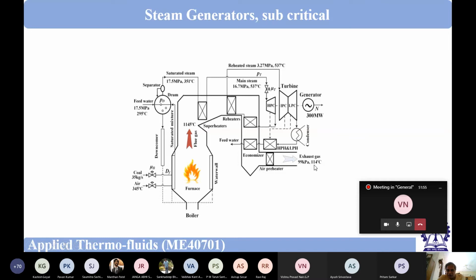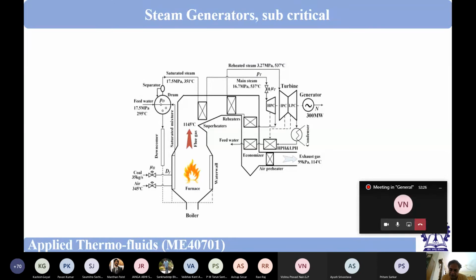When it is going to the chimney, it is of this order, means temperature is 114 degrees Celsius. Temperature is slightly above the saturation temperature of water corresponding to atmospheric pressure. Okay. We will try to learn more about it when we study draft.